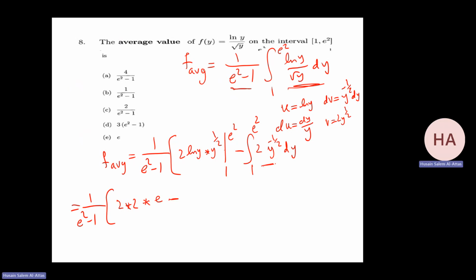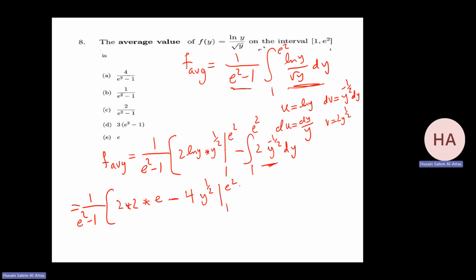Now this integral. What's the integral of this? 2y to the power minus half. Y to the power minus half, I need 2y to the power half. So that will be minus 4 integral, 4y to the power half from 1 to e squared. Add 1, divide by half, that gives me 2y to the power half.